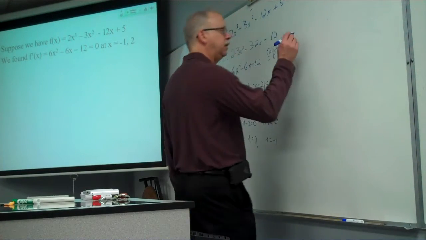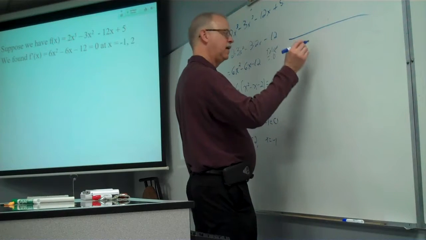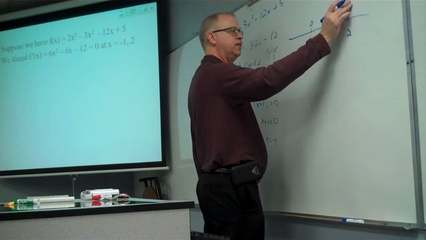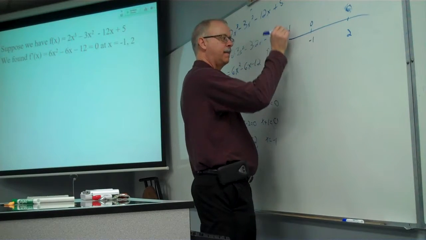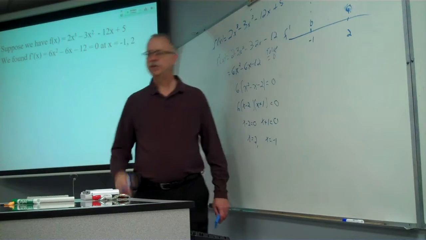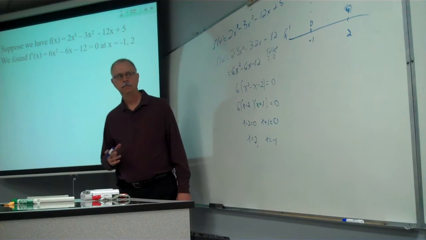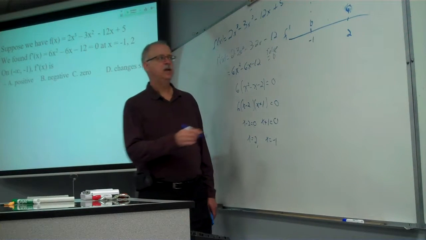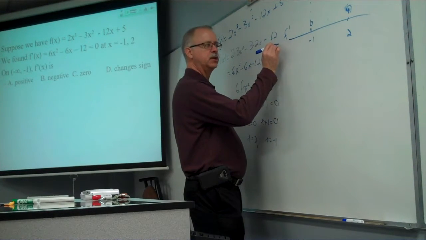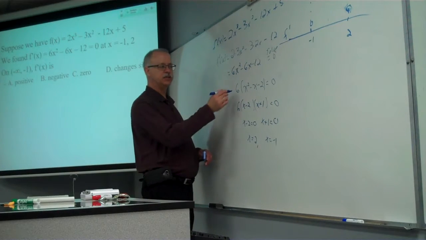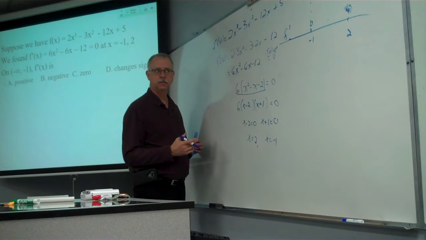Our next step is to figure out, okay, those are places where the derivative is 0. Those are potential peaks and valleys. So we need to decide, on this first interval, is this expression positive or negative?